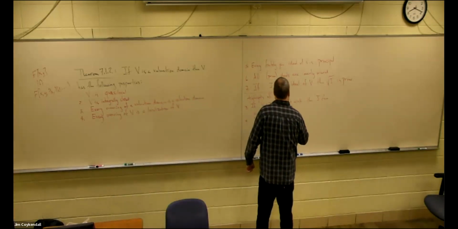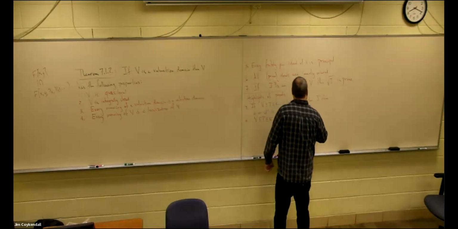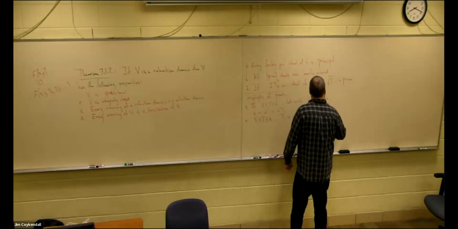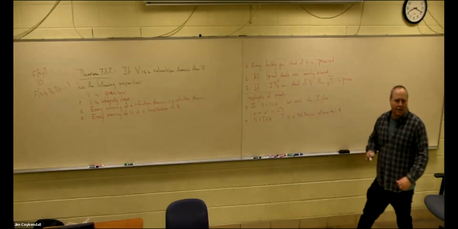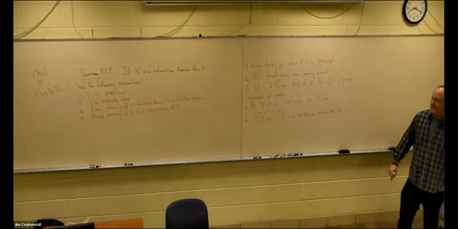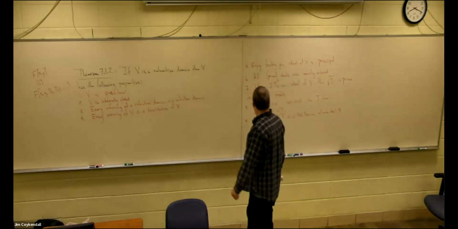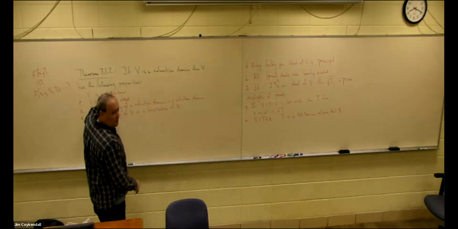T is a valuation domain with maximal ideal, call it N. Because we already know, as you point out, from 3 that it's a valuation domain and it's quasi-local.